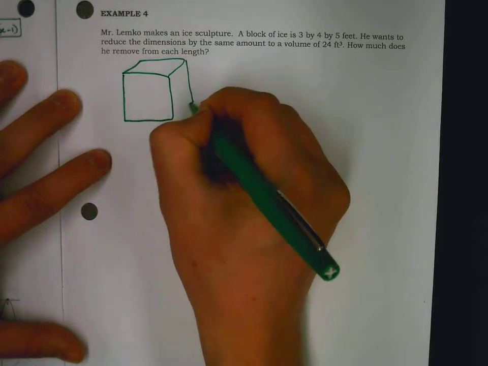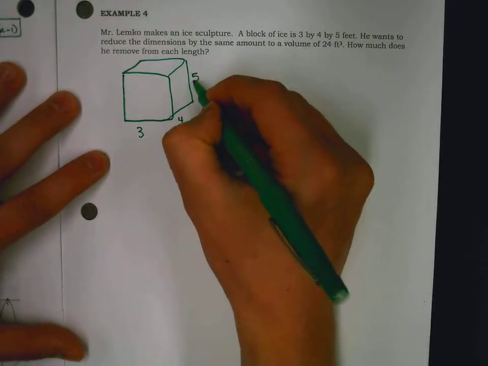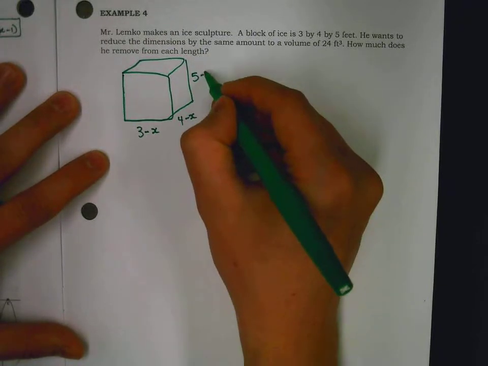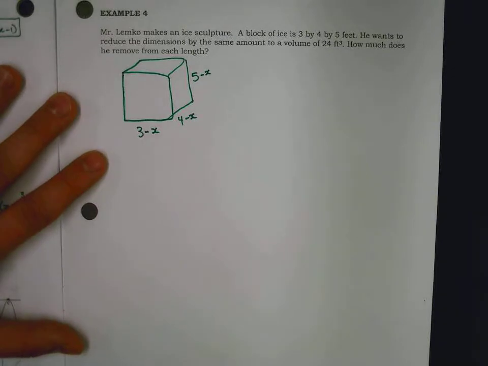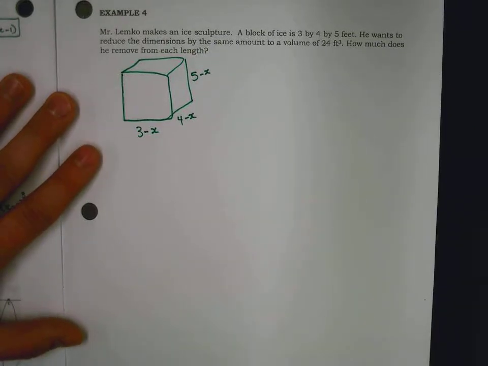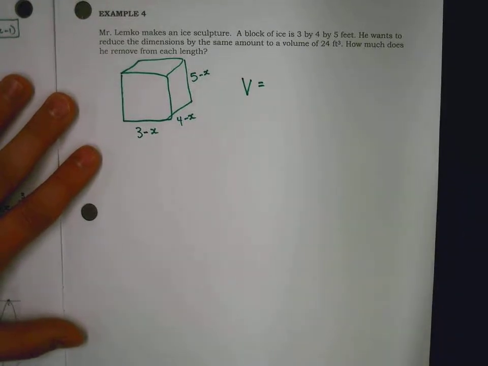So here's a block of ice which currently is 3 by 4 by 5, but we're going to reduce the dimensions by maybe 1 or 2 or a half of a foot, some value that we're going to take everything in by the same amount. Ultimately, the volume needs to be 24 cubic feet. How much does he remove from each length is the question.